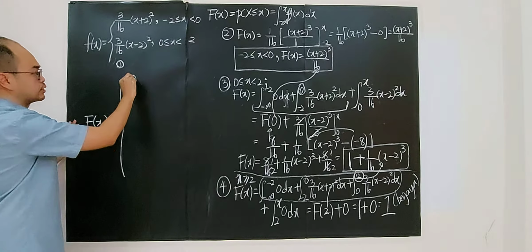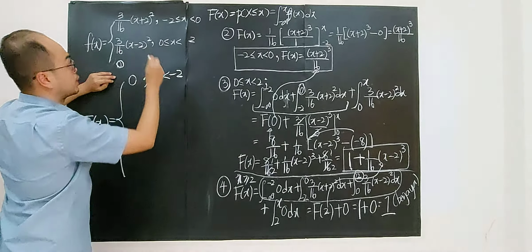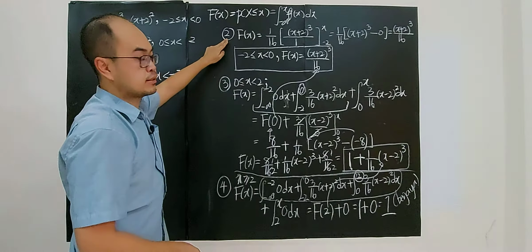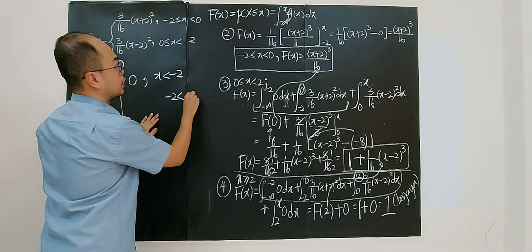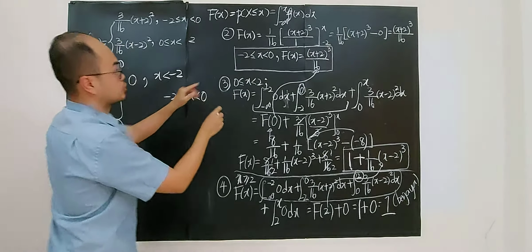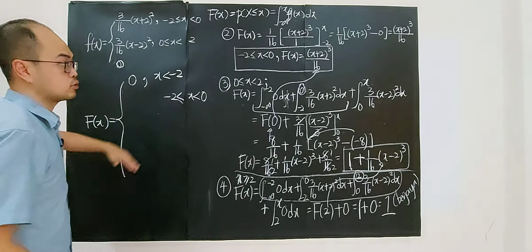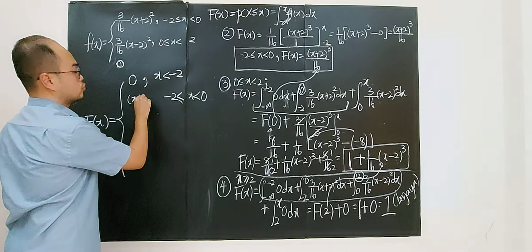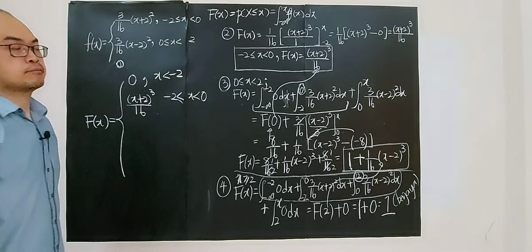It starts with 0 for x less than -2, and for the second interval, between -2 and 0, I summarize all the cumulative function here. It will be (x plus 2) to the power of 3 over 16.